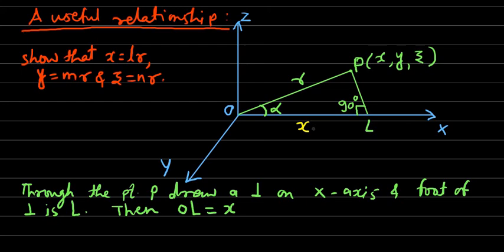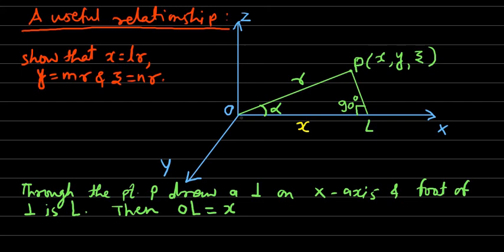Next one. Now if we consider the right angle triangle OLP, it is given that this angle is alpha.